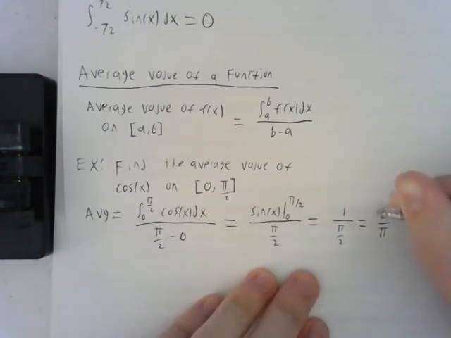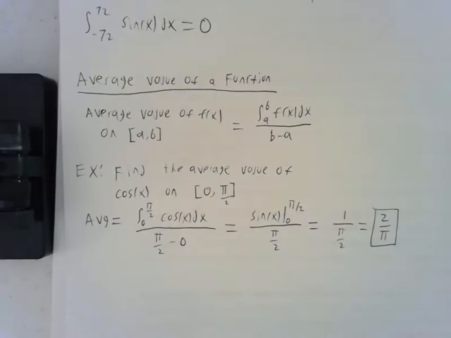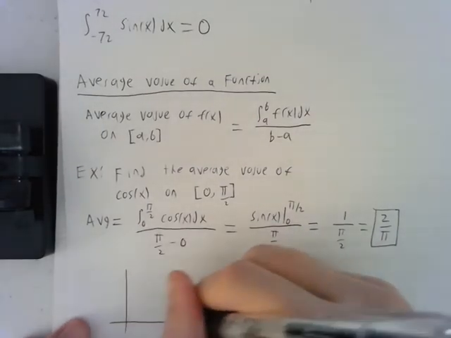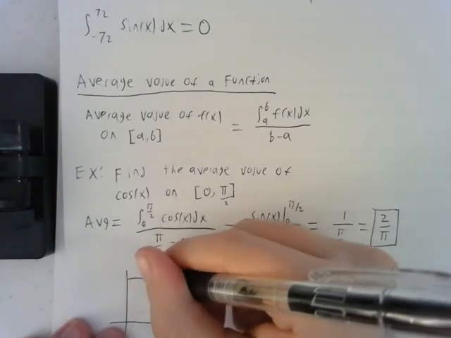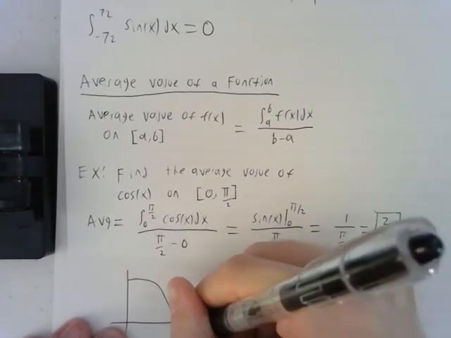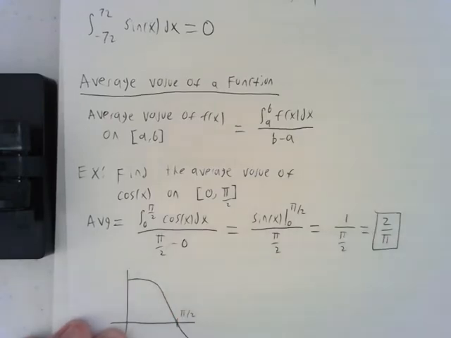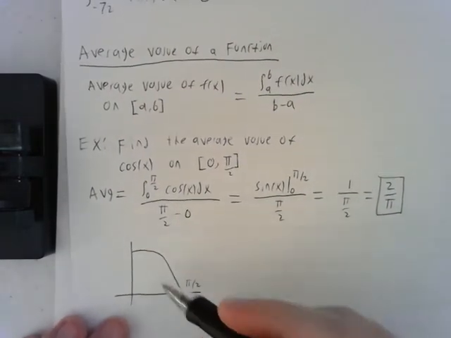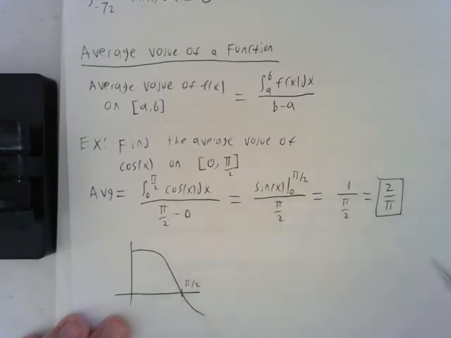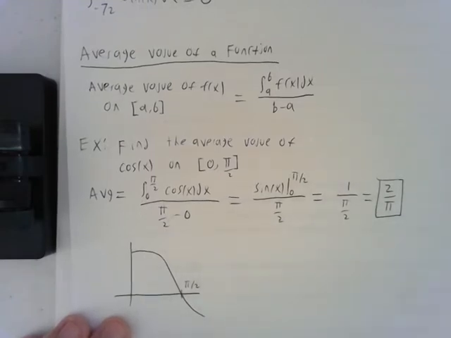So if we take a look at this function here, cosine, between 0 and pi over 2, and I want to know what the average value is, we see that it's 2 divided by pi, which is actually a little bit bigger than 1/2.